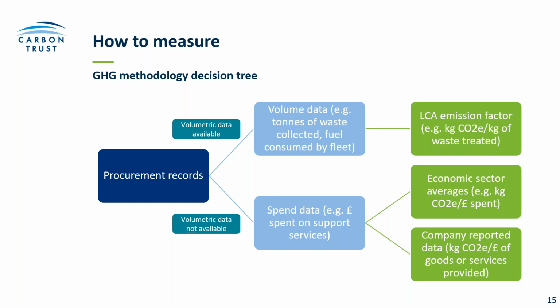This example here is a decision tree for the purchase goods and services Scope 3 category. And the first step in the process is to understand what data is available. If volumetric data is available, so when we say volumetric data, this is the specific data of that activity. So for example, the tons of waste, then an LCA emission factor can be used.